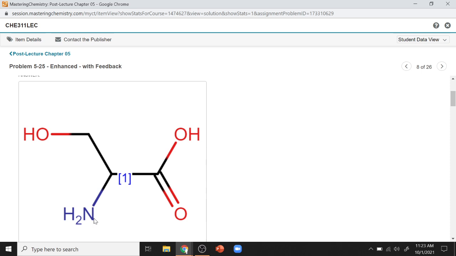It forces it into a configuration that is not planar, because the atoms can't be in that space, can they? Kind of like the lone pairs here force this into bend, don't they? Okay?